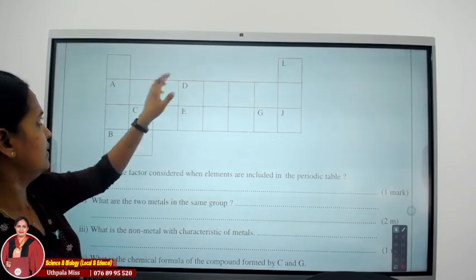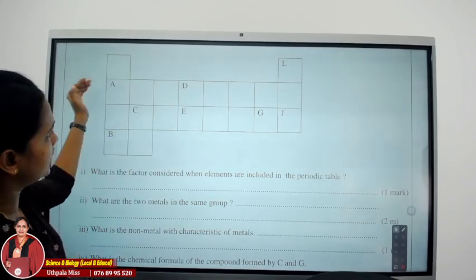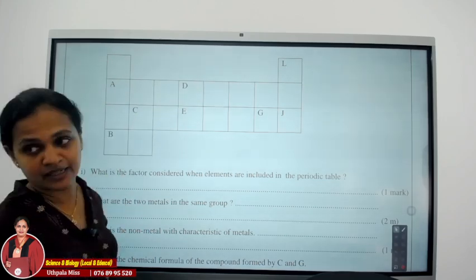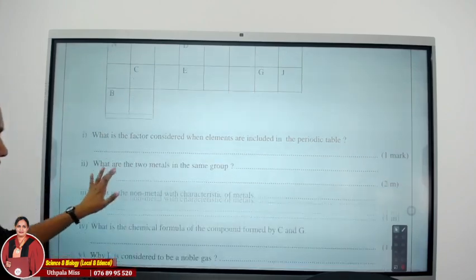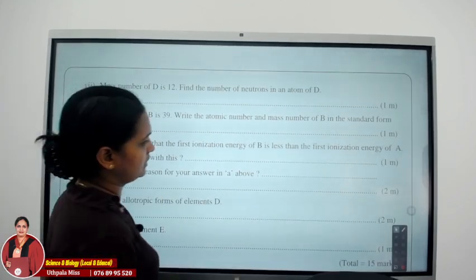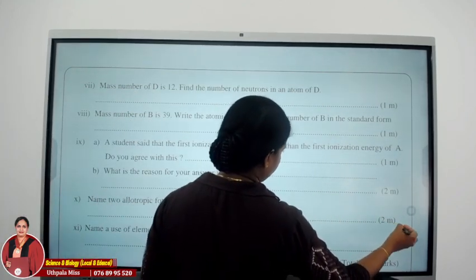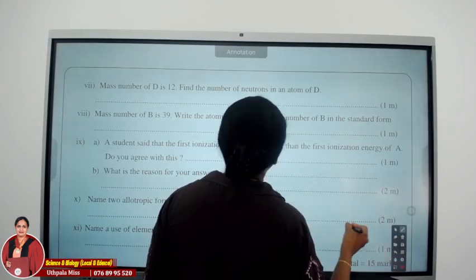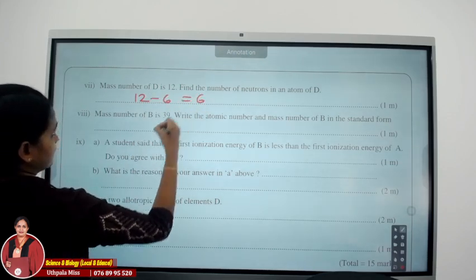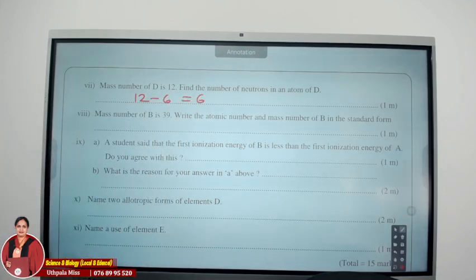So it is carbon actually. It belongs to group 4, period 2. 1, 2, 3, 4, 5, 6. Its atomic number is 6. So it has 6 protons and the mass number is 12, meaning the number of neutrons is 12 minus 6, that is 6. The number of neutrons is 6.